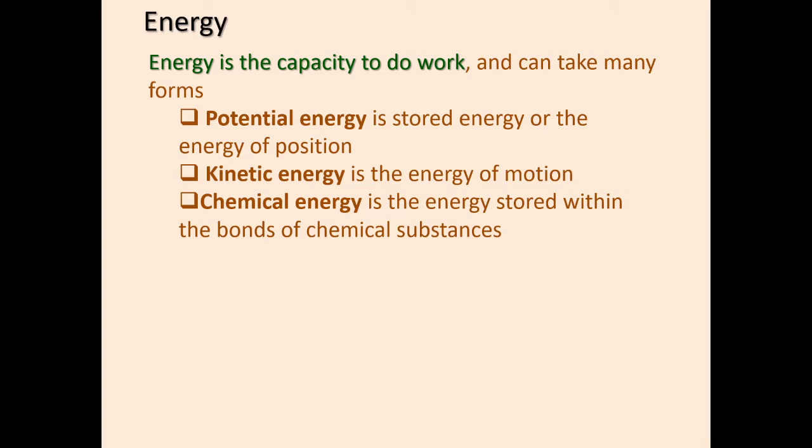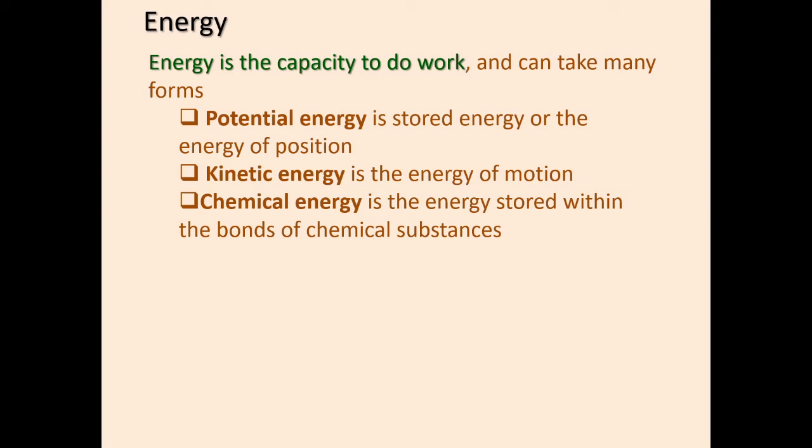Chemical energy. Now we're talking about chemistry stuff because there's the word chemical. Chemical energy is the energy stored within the bonds of chemical substances. This is the energy that we get when bonds are broken, or the energy that we get from breaking down stuff like food.